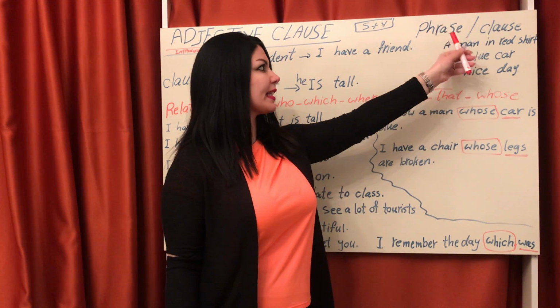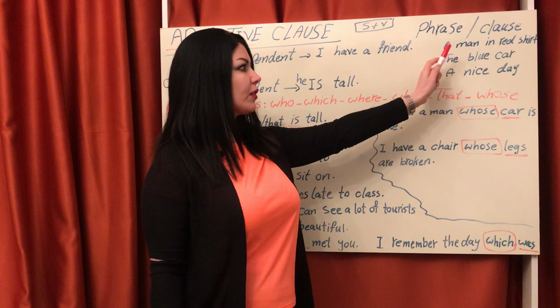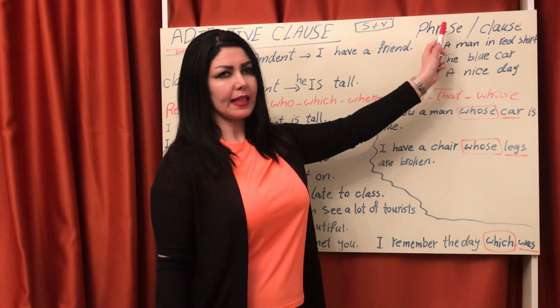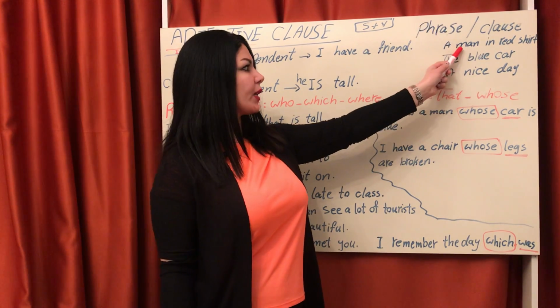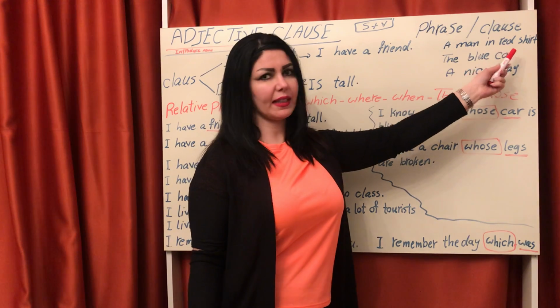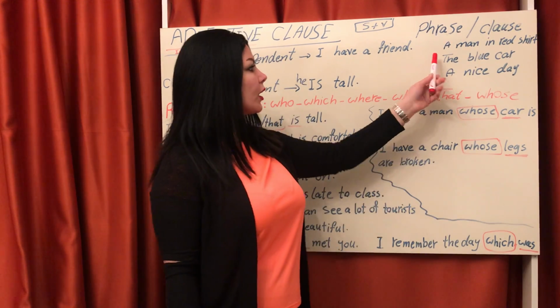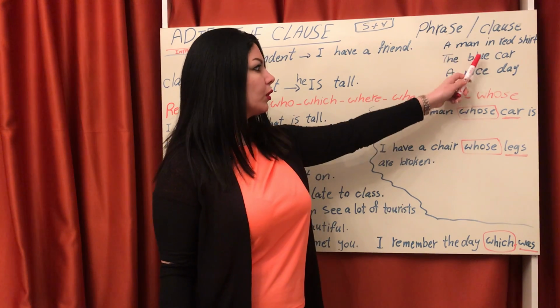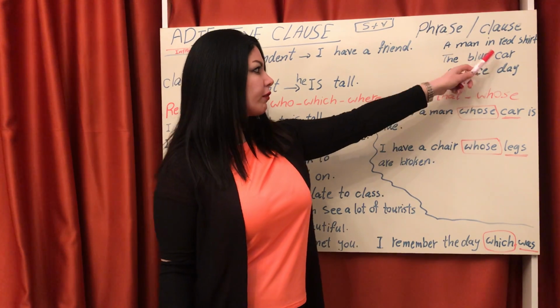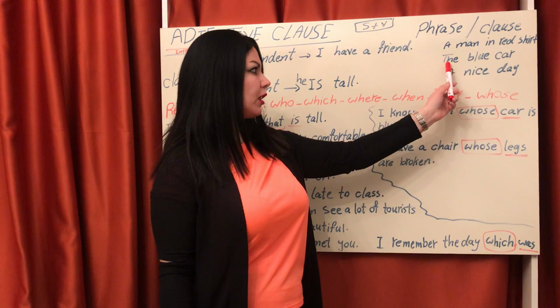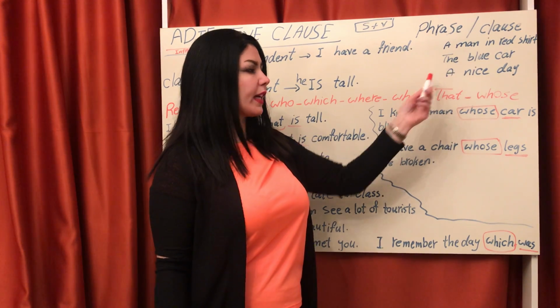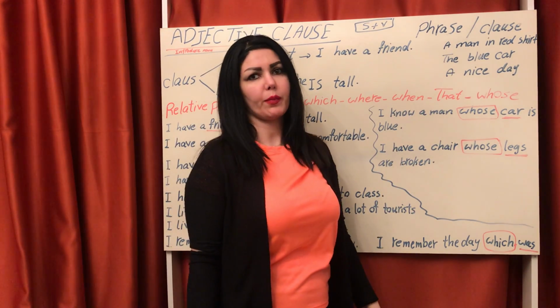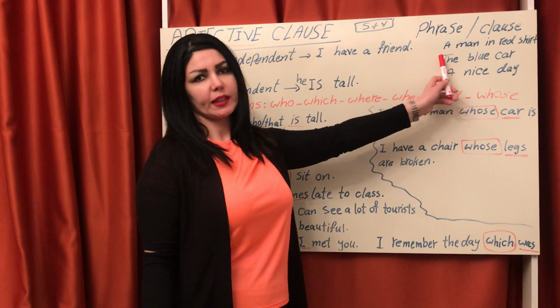What is this? This is a phrase. We say this is a phrase because we have just some nouns and adjectives. Or like this, the blue car. Adjective and noun and also article. Again we don't have any verb, so this is not a sentence.